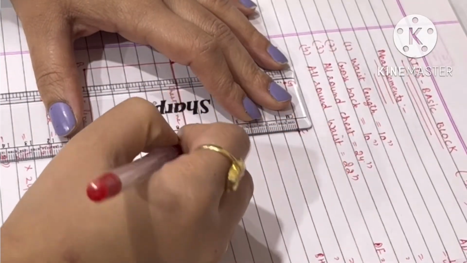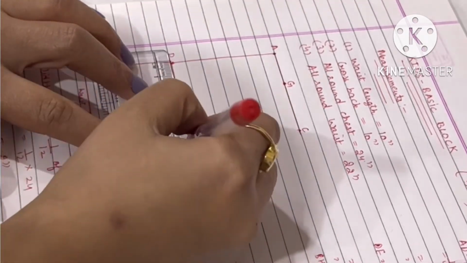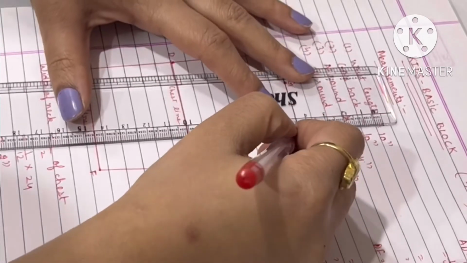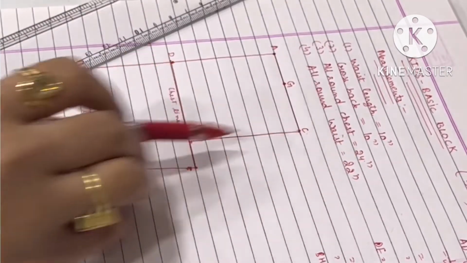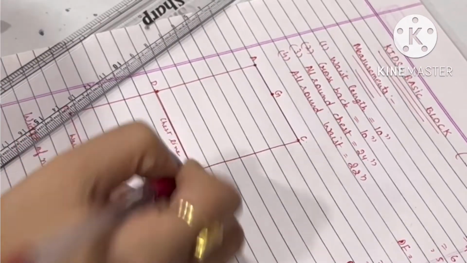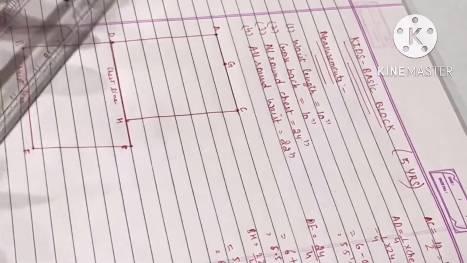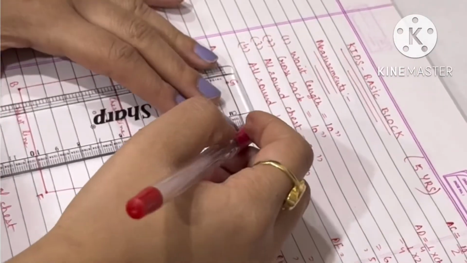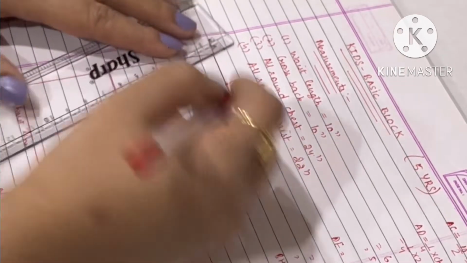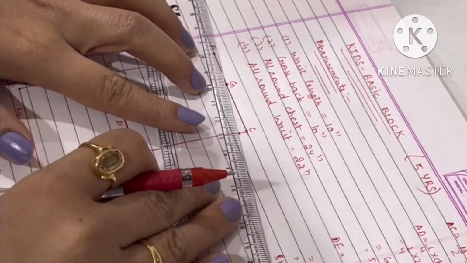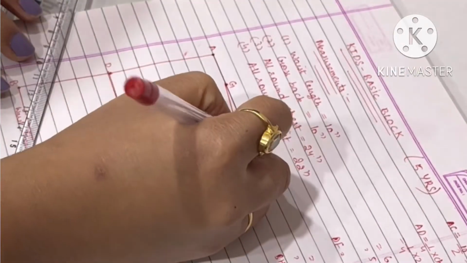Next we will mark the straight line from C on the chest line, at 5 inches. So we mark the straight line from C to H. Then we will go down 0.5 inches from C and join with G, marking C dash.